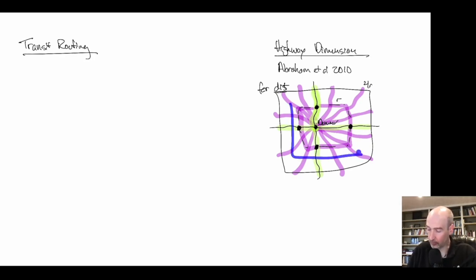If we look at this picture over here, imagine that I have 2 points that I want to find the path between. Imagine that I have low highway dimension, so I have a few points around each of these, which I'll color here.